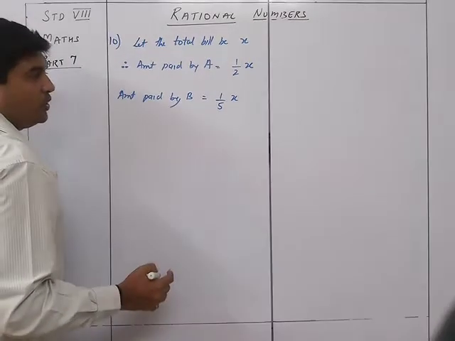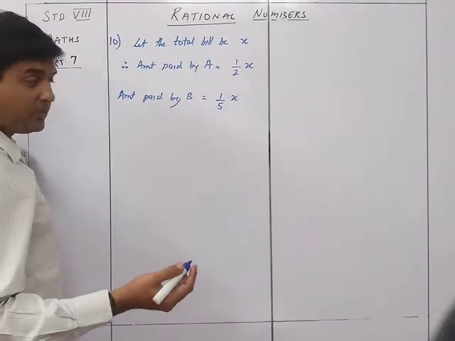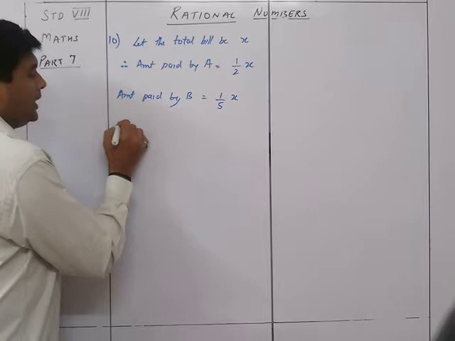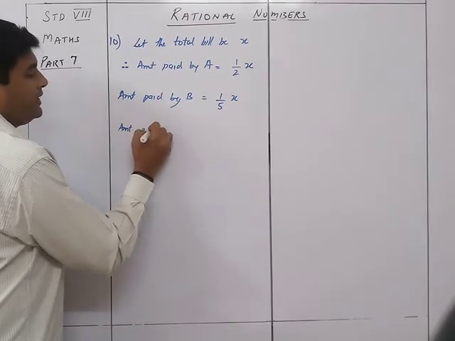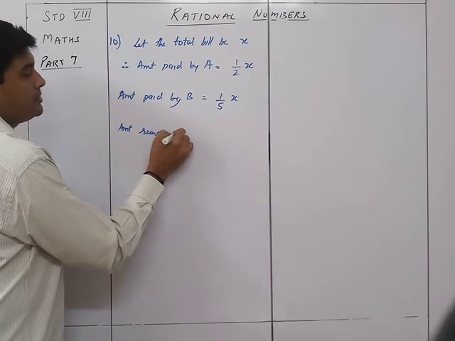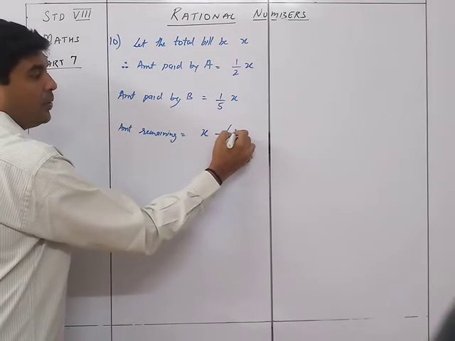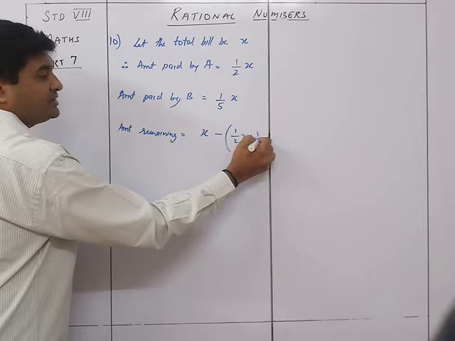Now we want to know what C, D and E paid. So the amount remaining is equal to X minus 1 upon 2X plus 1 upon 5X.